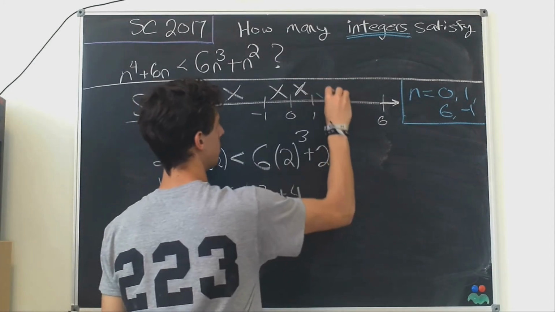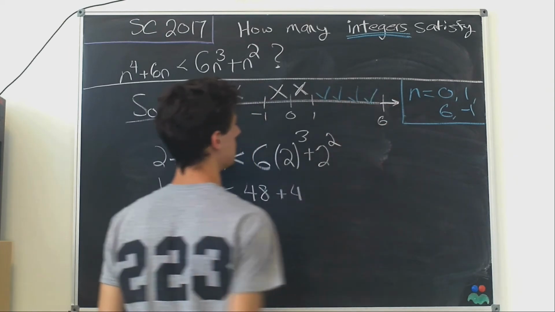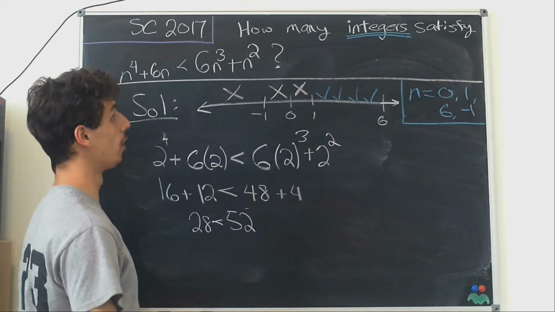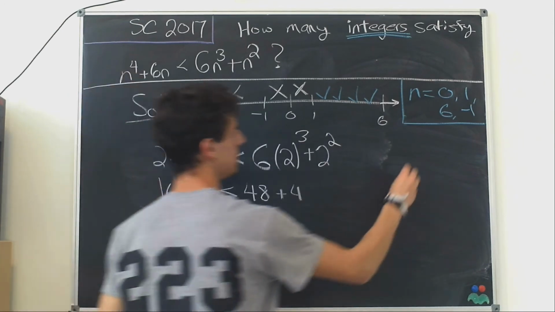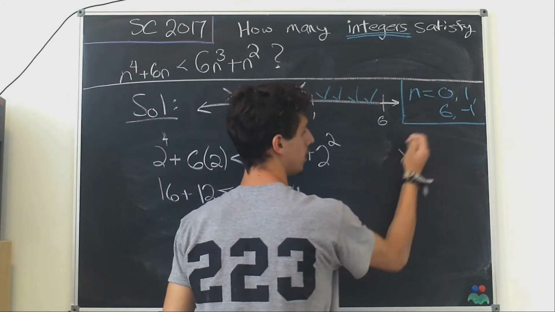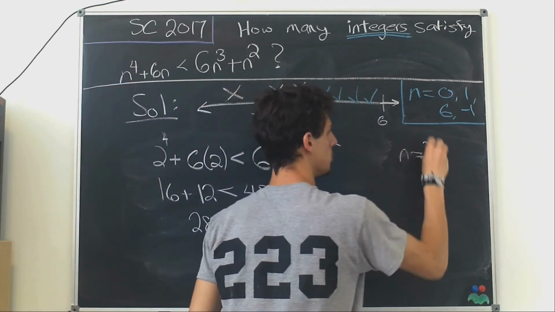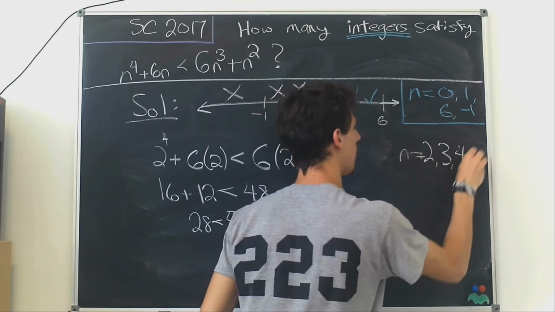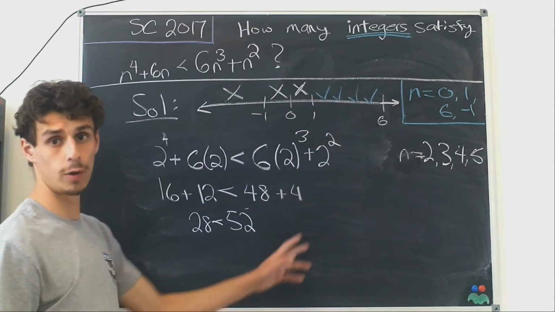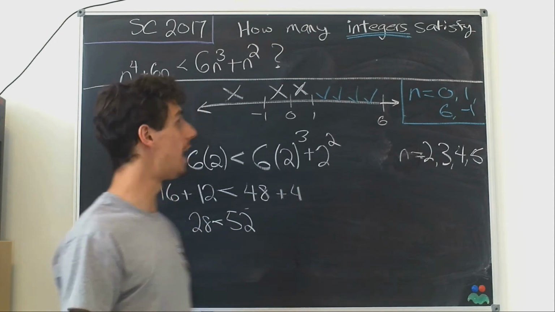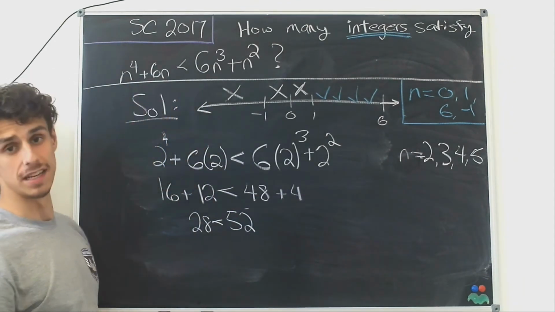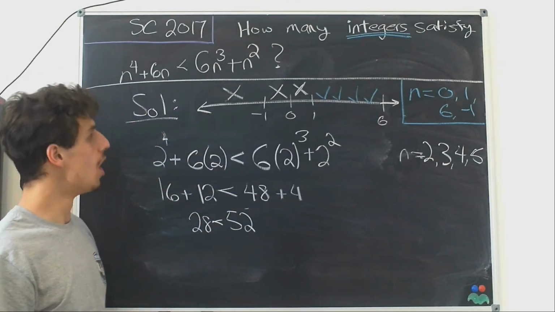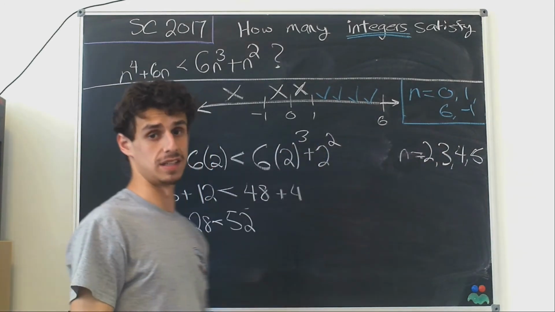So every number in here gives us a solution. But we're only looking for integers, so far these solutions are n equals 2, 3, 4, and 5. I'll go ahead and let you guys check if 3, 4, and 5 satisfy this inequality. Okay, let's move on to any numbers bigger than 6.